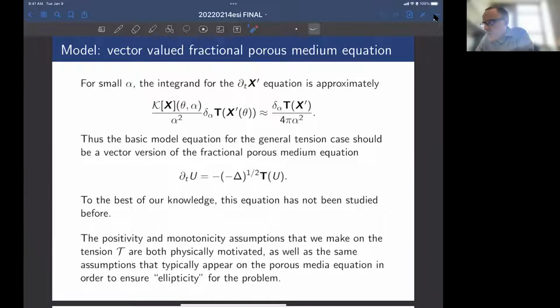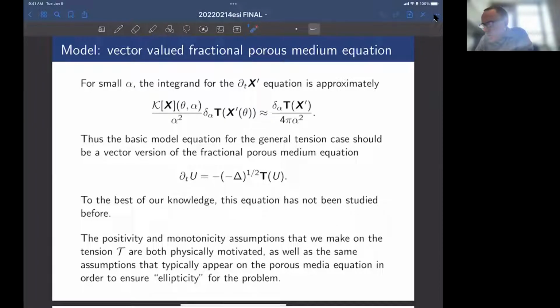And so the basic model equation for the general tension case should be a vector version of the fractional porous medium equation. It's fractional because I have the square root of the Laplacian here. And to our knowledge, this equation has not been studied before. However, the scalar fractional porous medium equation has been studied before, and the vector local porous medium equation has been studied too. If you replace the square root of Laplacian by just the Laplacian, then that's been studied before.